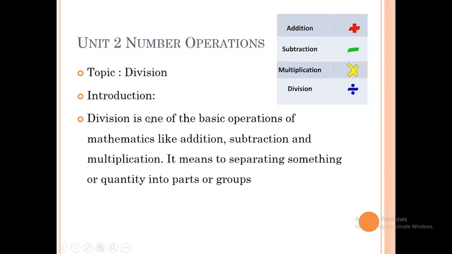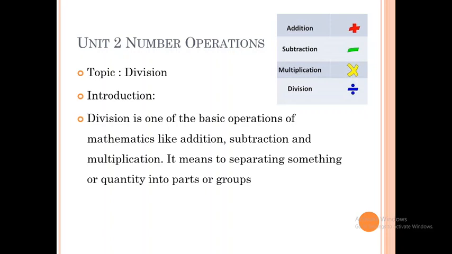Division is one of the basic operations of mathematics, like addition, subtraction and multiplication. It means separating something or a quantity into parts or groups. It means in division you will make groups of the given quantity or given number or anything.